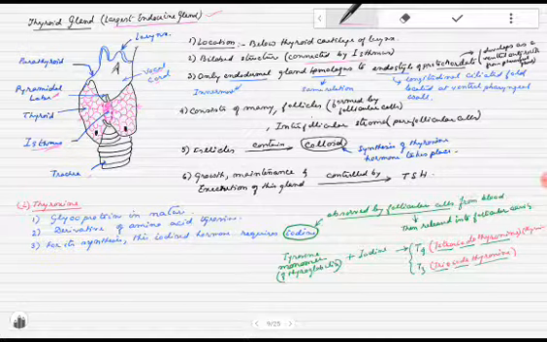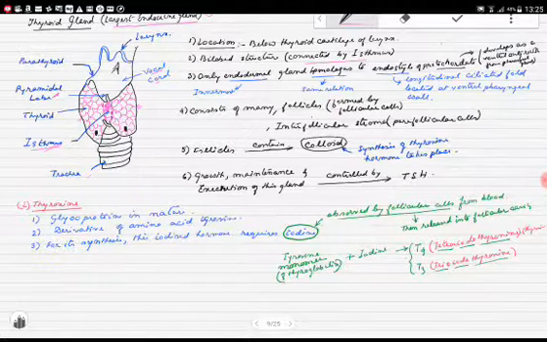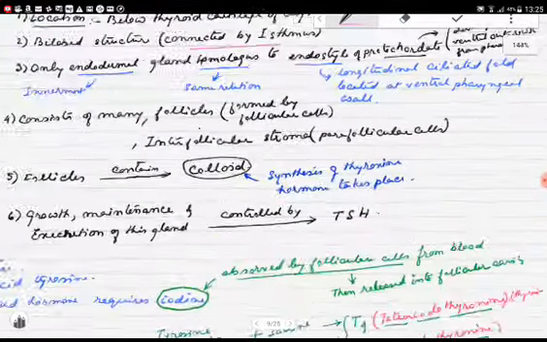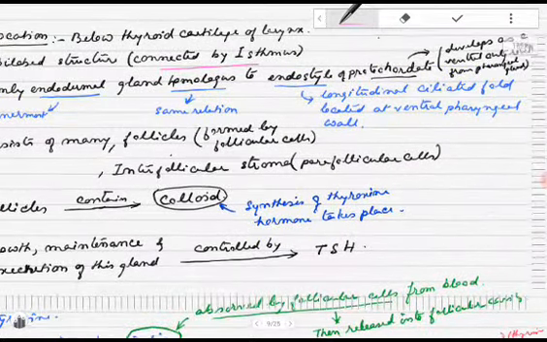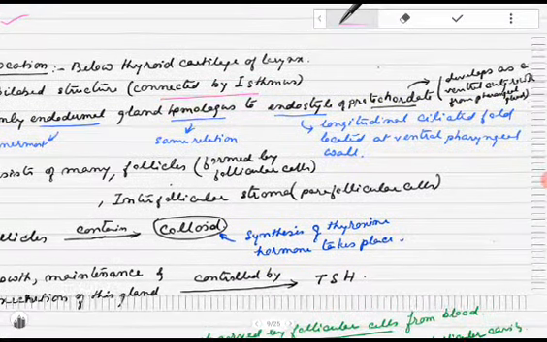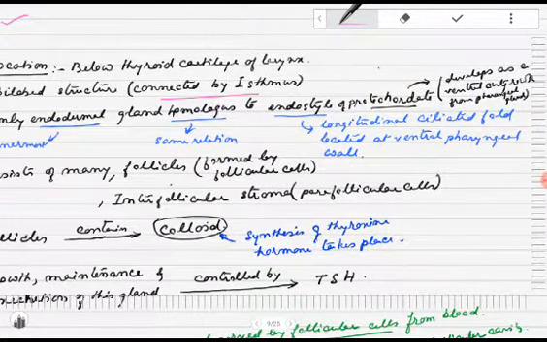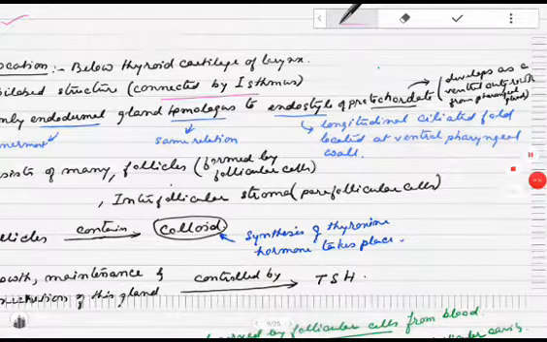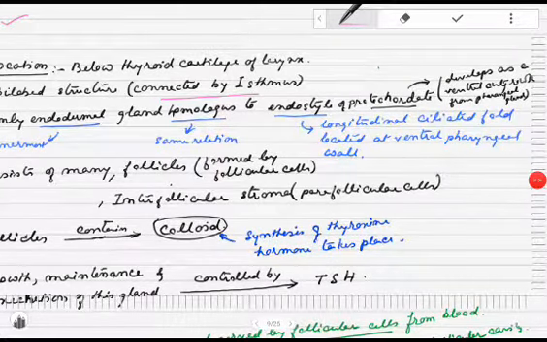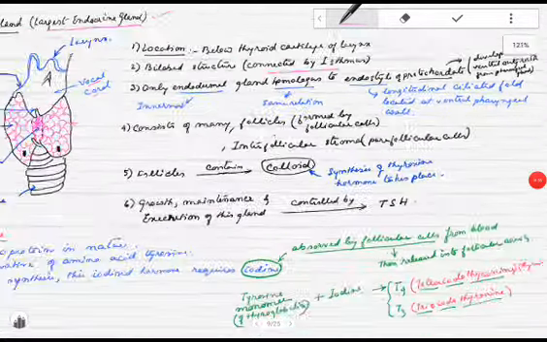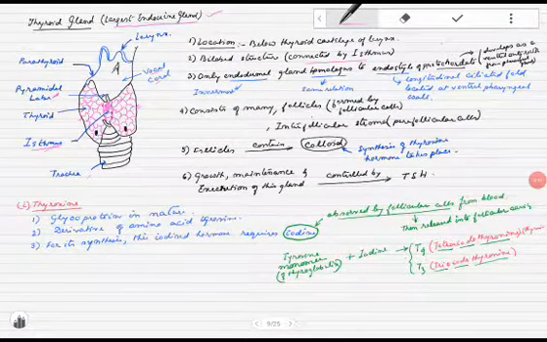This protochordate develops as a ventral outgrowth from the pharyngeal gland, and it consists of many follicles formed by follicular cells and interfollicular stroma.